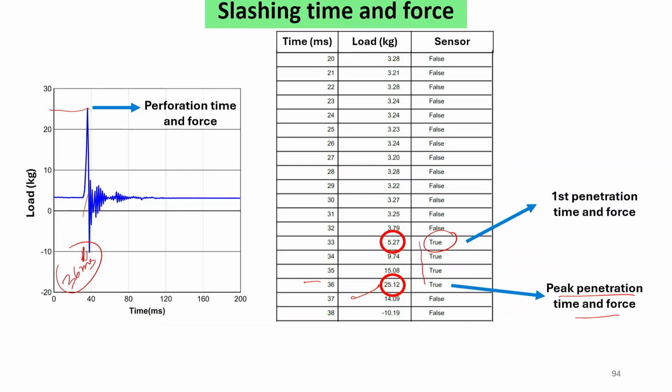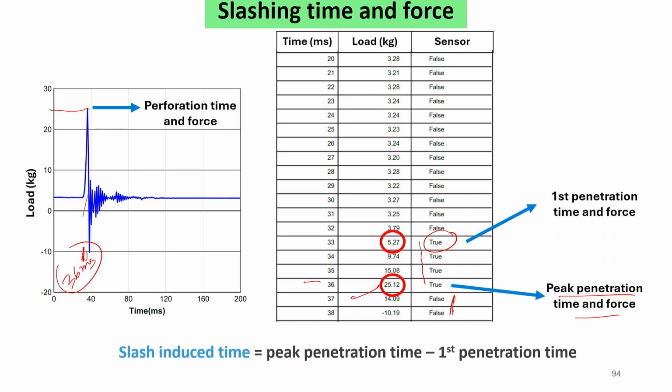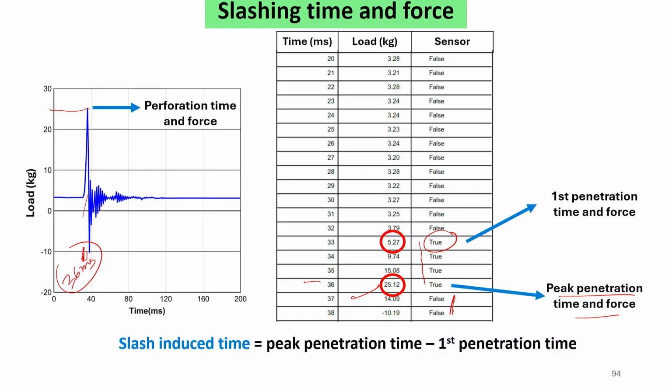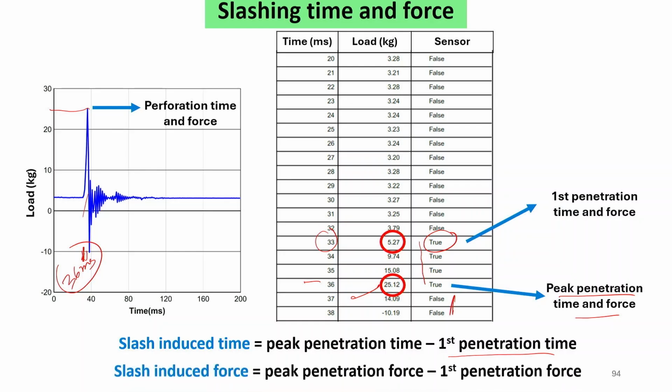After that, there will again be false. After that we do not need to get the data, because the load has reduced. So, slash induced time is the peak penetration time, which is 36 milliseconds, minus the first penetration time, that is 33 milliseconds.